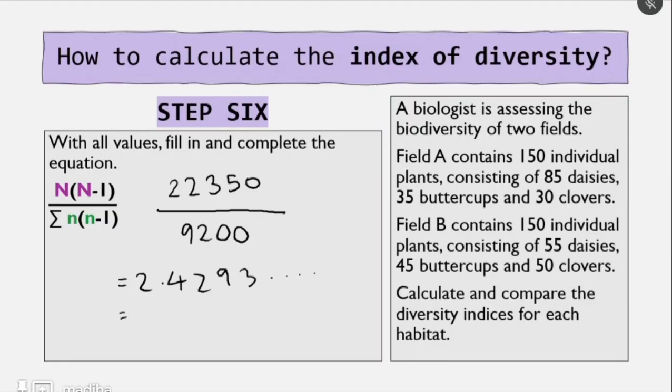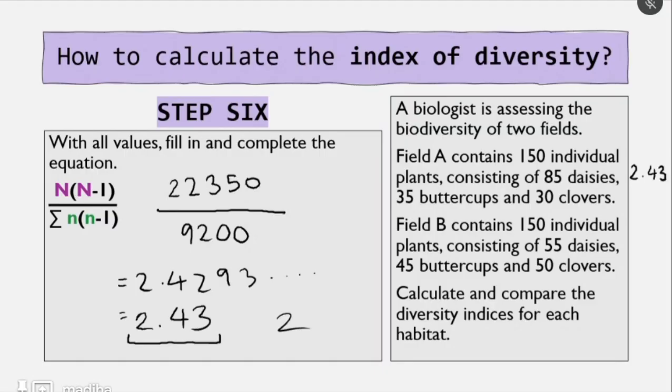You can round it down to, I like to do 3 significant figures, just because in a lot of questions, it's the standard to go for. You can do 2. I have seen that you can essentially just write 2. They let you get away with that, but I feel like it's safer just to do 3. But it's up to you. So let's say that this field A is 2.43. That's the diversity index, okay?